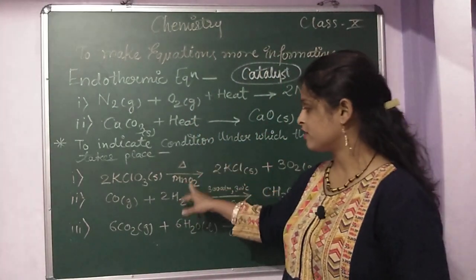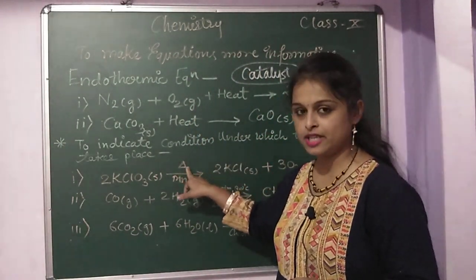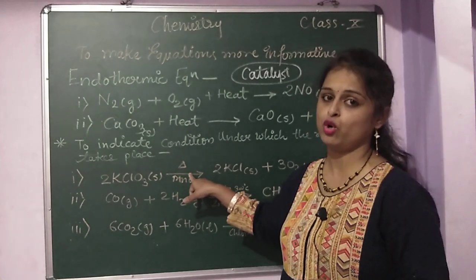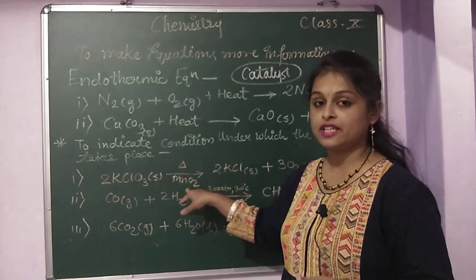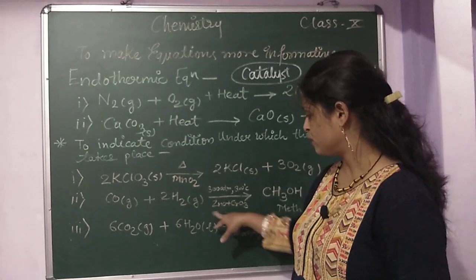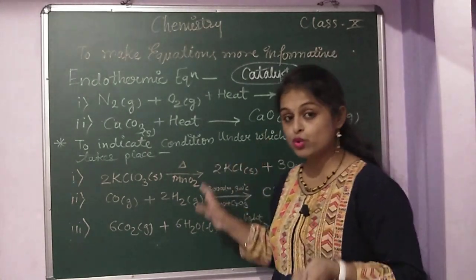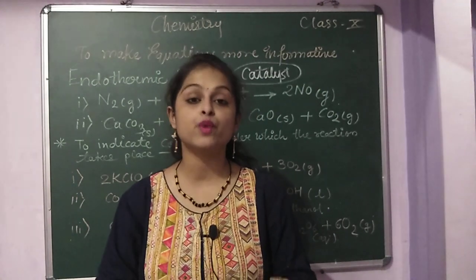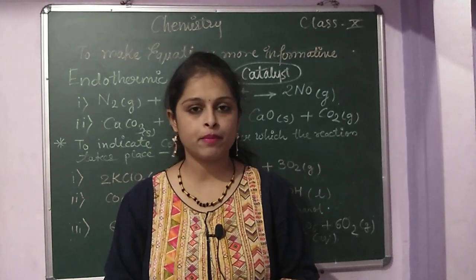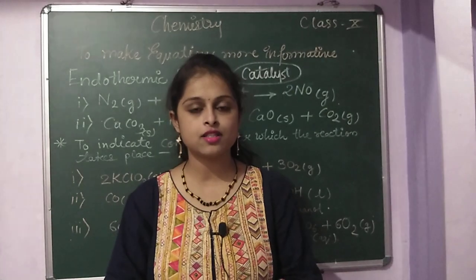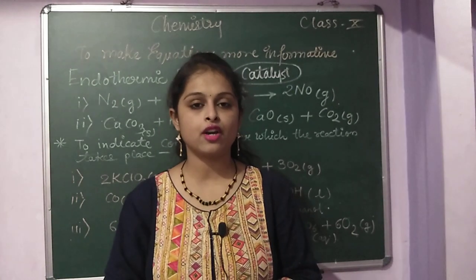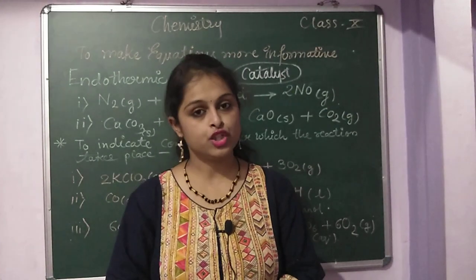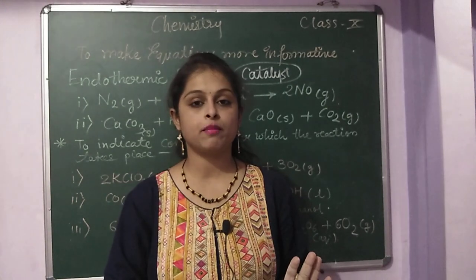Whatever information is written on the arrow, whether it is delta, whether a heat symbol is given, whatever catalysts are written there, whatever temperature is written there, it shows under which condition the particular reaction takes place, under what temperature, under which catalyst, whether heat is given, and so on. So did you understand about the balancing of chemical equations?